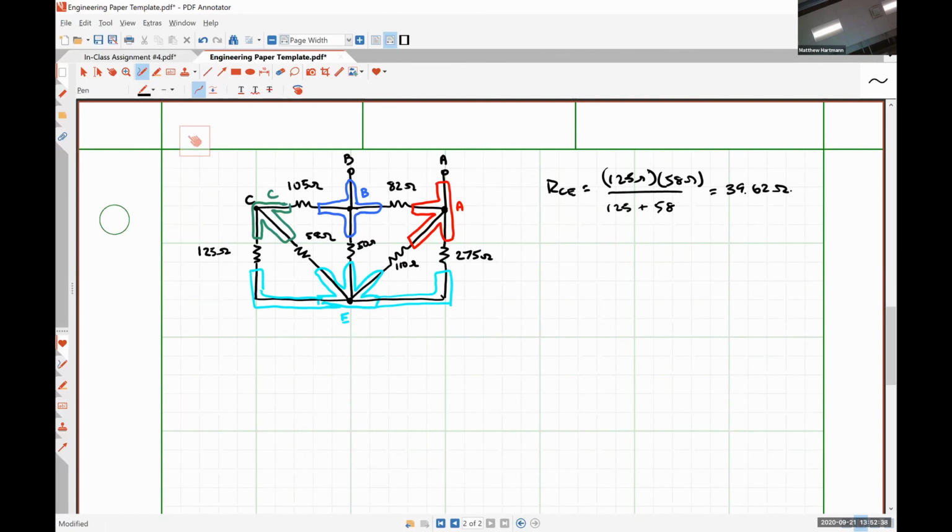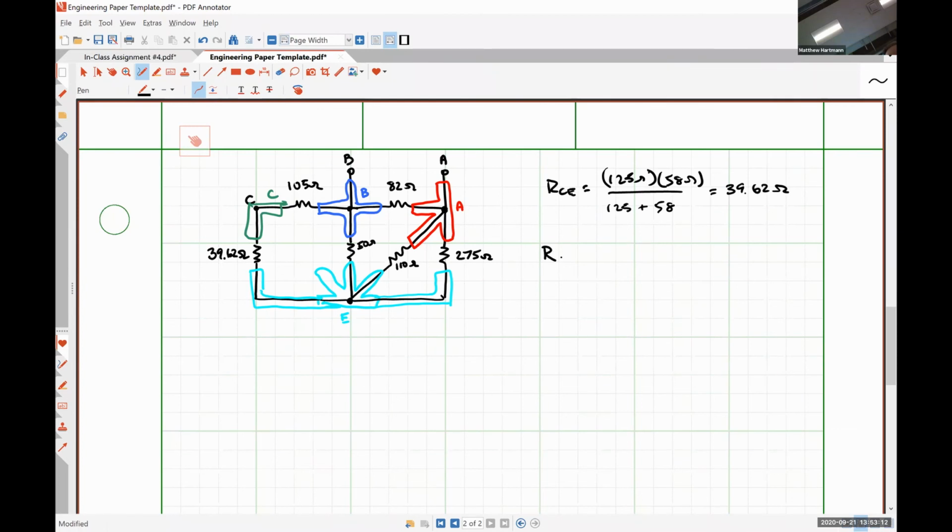All righty. So I'm going to erase this guy here. So that is 39.62. Let me re-pencil in this node. What can I say, excuse me, about the 110 ohm resistor and the 275 ohm resistor?